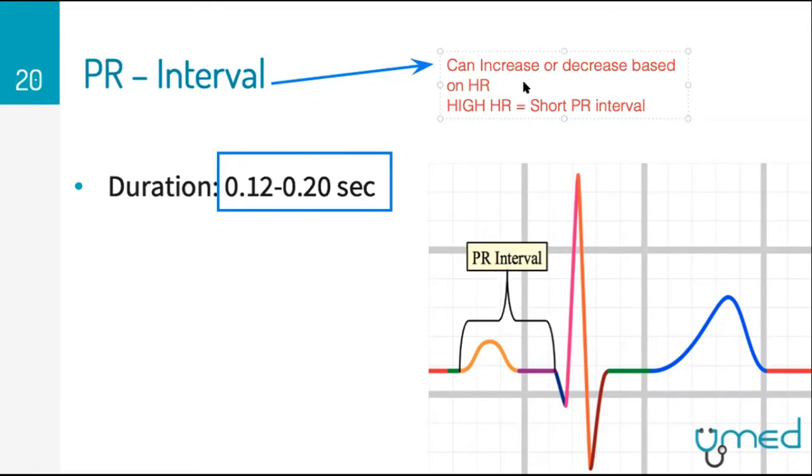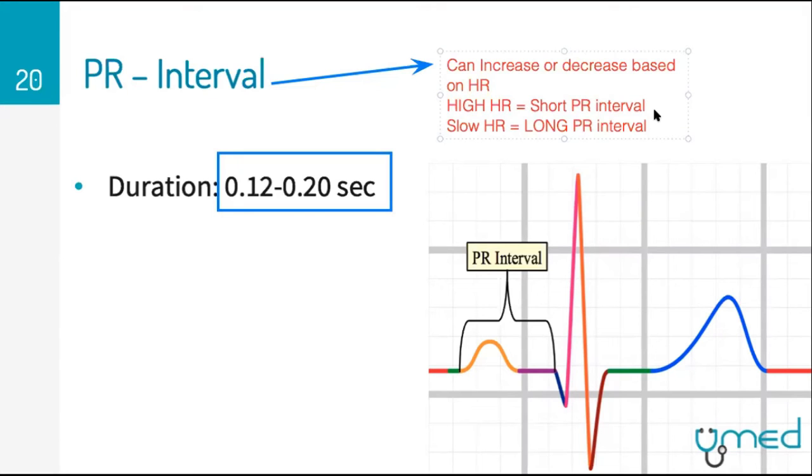So that's why the PR interval is shorter when the heart rate is high. And of course, if you have a slow heart rate, you have a long PR interval. So the PR interval is affected by heart rate.